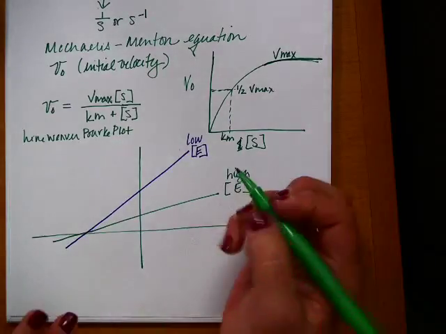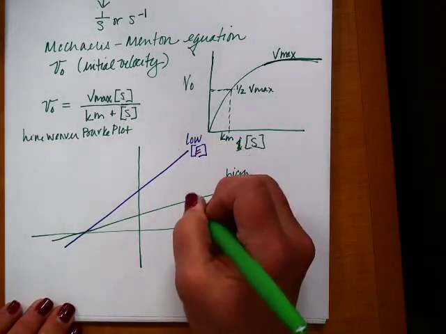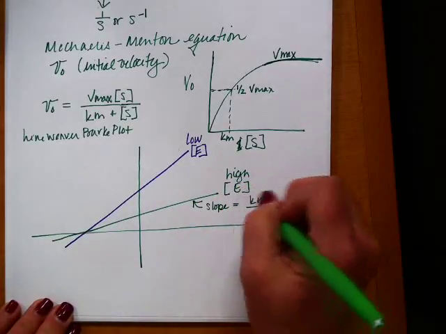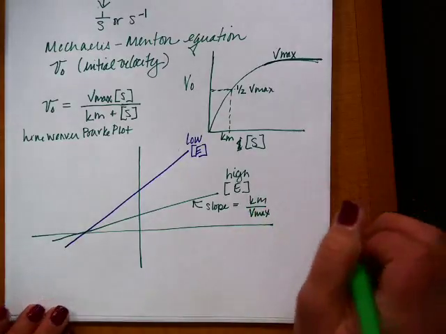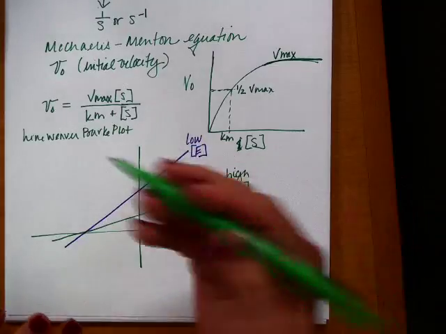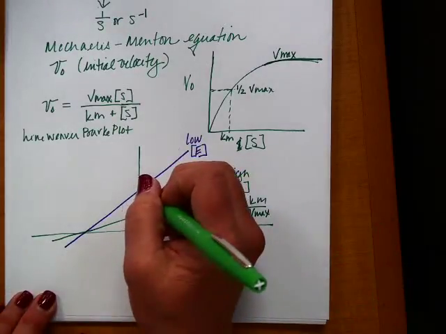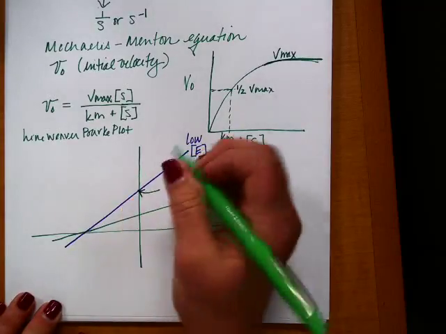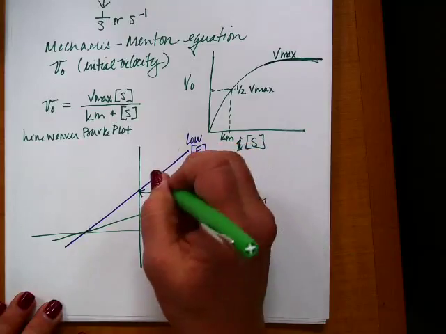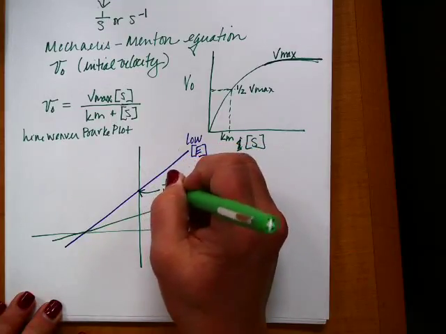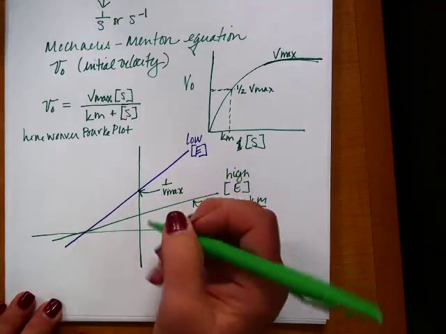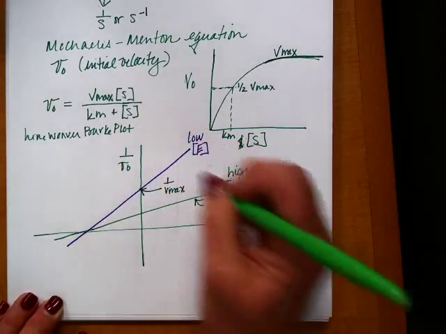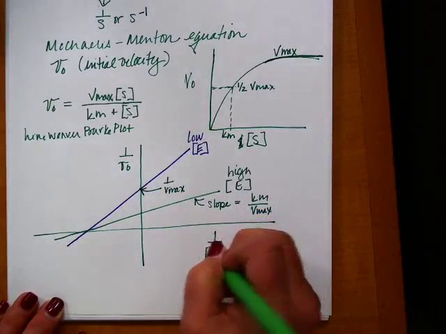Obviously we have a slope, and the slope is equal to the Km divided by Vmax. And that applies to both of these, of course. The y-intercept is 1 over Vmax, and that's for both of those. And, oh, I'm sorry, this is 1 over initial velocity versus 1 over substrate concentration.